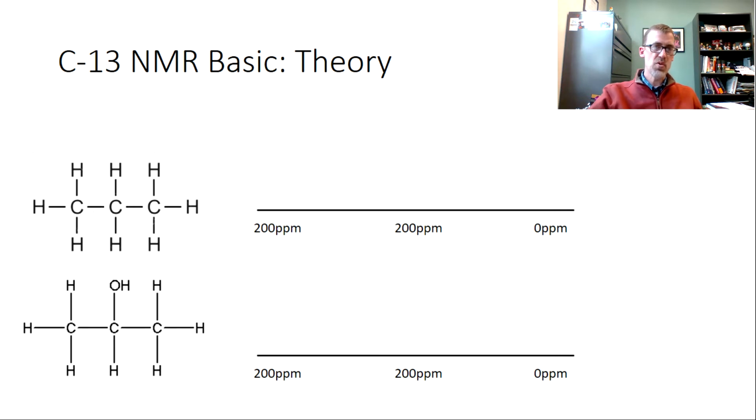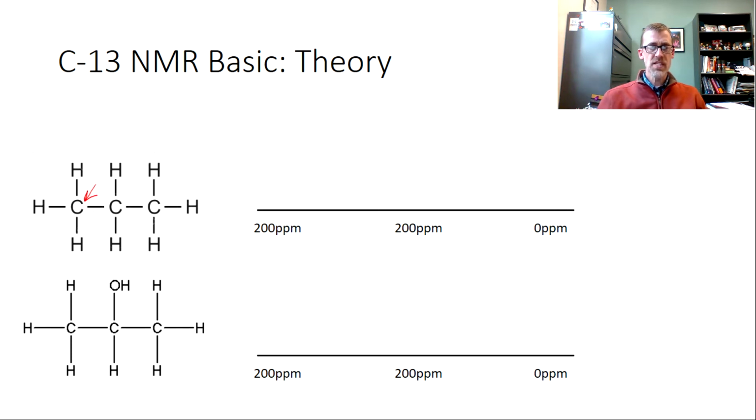So for example, if we look at this first molecule here, a 3-carbon chain, this is propane, the carbon on the end, let's say, we'll call this carbon number 1.